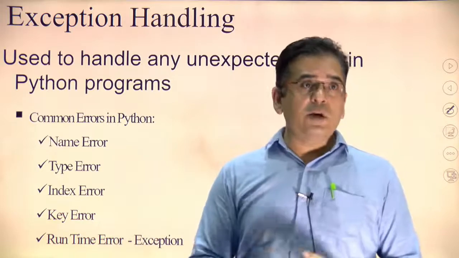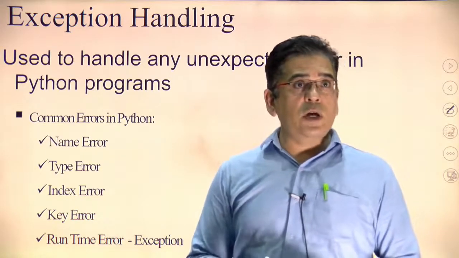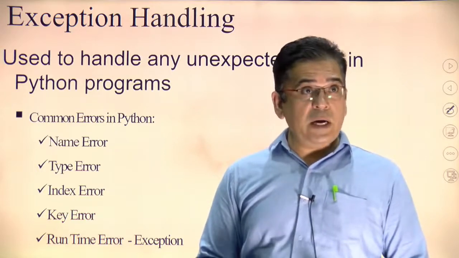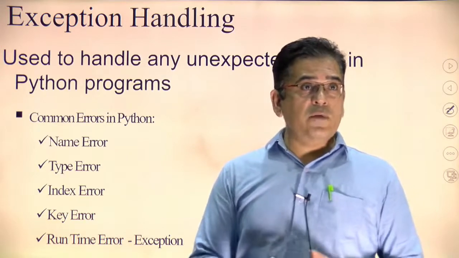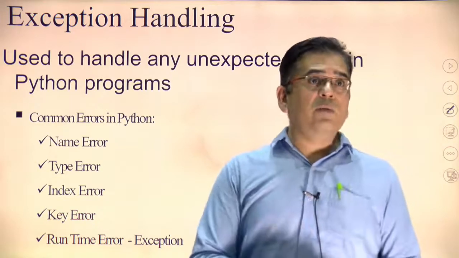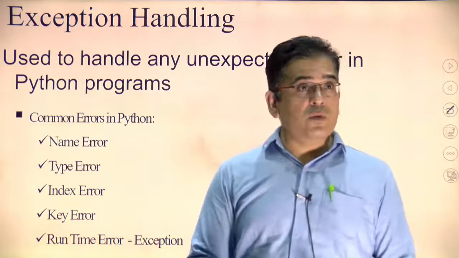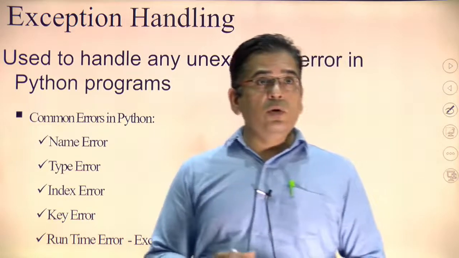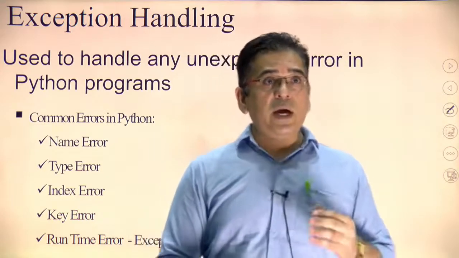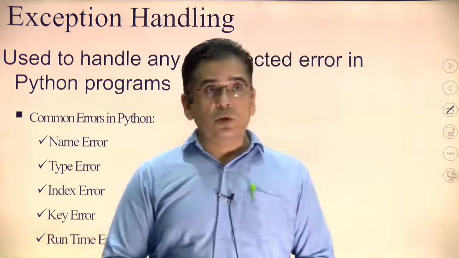Compile time errors are those errors which are found during the syntax checking of the program by the compiler. So, if you have any syntax related problem, then in any high level programming language, that error can be handled at the time of writing the code itself. You can identify the error by compiling the program, correct that error and execute the program.